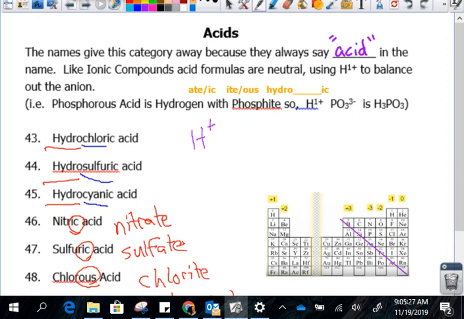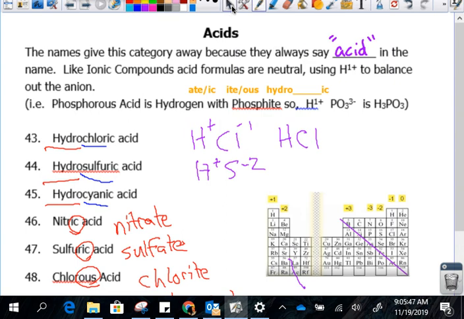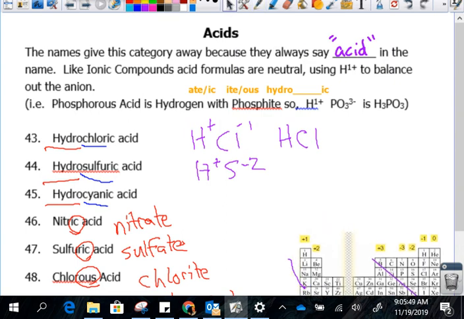And so chlorine is a -1 charge. So that's just going to be HCl. No problem there. Hydrogen has a +1 charge. Sulfur's in the -2 column. So that's going to be -2, which means it's going to be H2S.